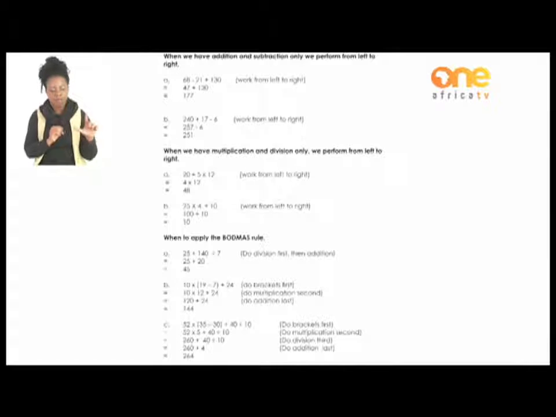So we do the multiplication first. 25 times 4 equals 100, divided by 10. Now we do the division part and we say 100 divided by 10 equals 10. So this is when we only have multiplication and division.